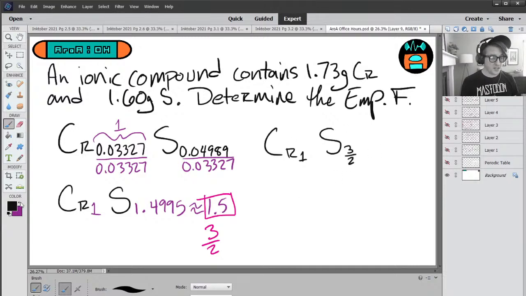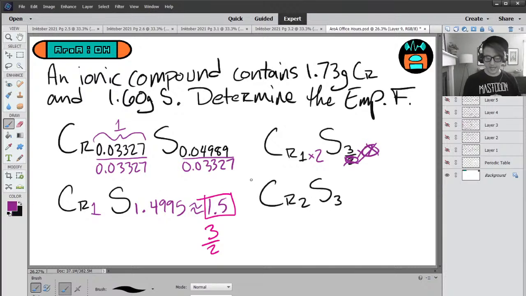Again, we know we can't have fractions, but we can get rid of this denominator by multiplying both of these by 2. And now we have our simplest whole number ratio. We've got chromium with a subscript of 2, sulfur with a subscript of 3, and that's the business.